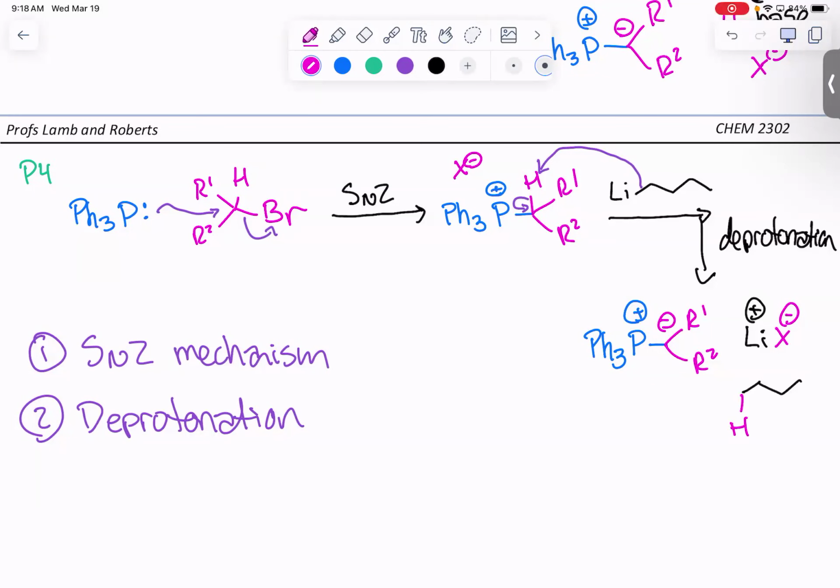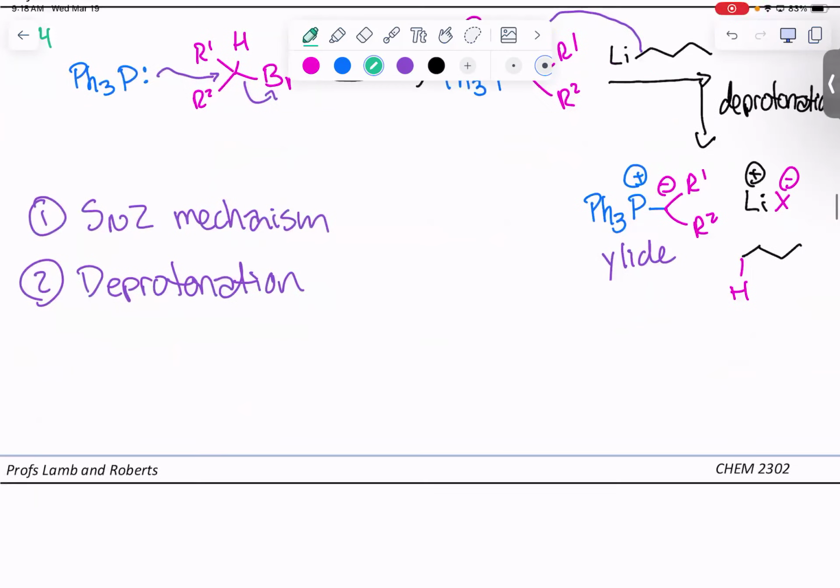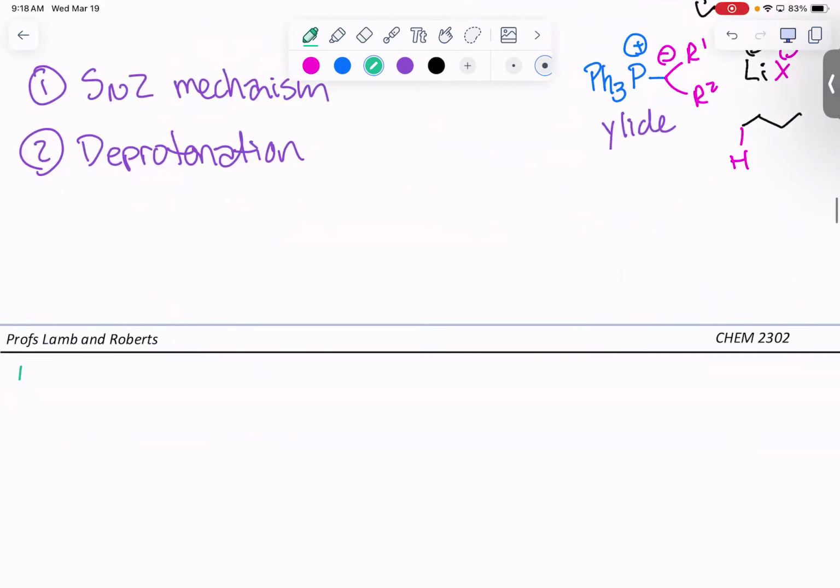All right, so this is called an ylide. Y-L-I-D-E is the word ylide. And so this is kind of a funny looking molecule. So that's our next learning objective, is we're going to kind of define what this ylide is and how it works. So this is going to be learning objective 18P.